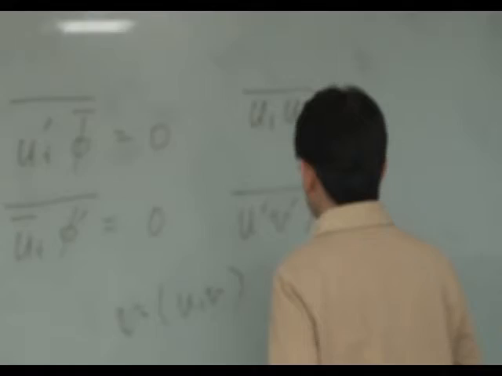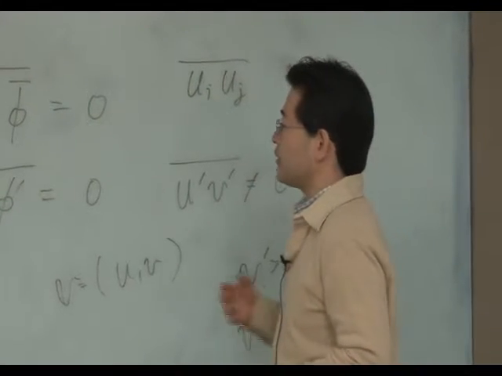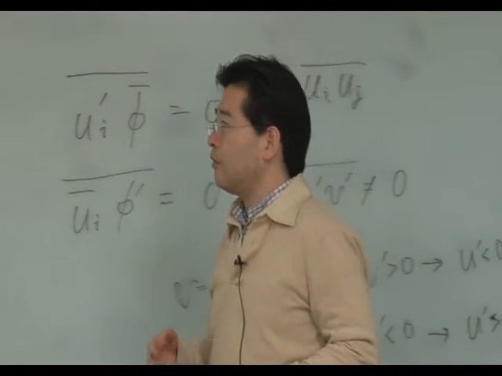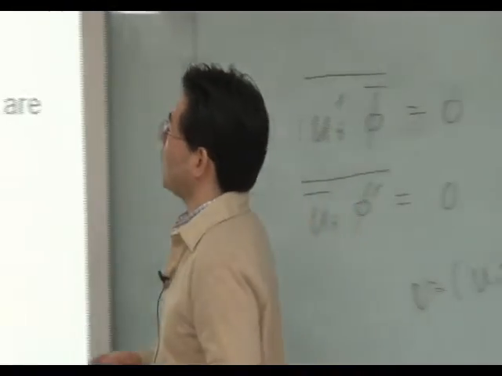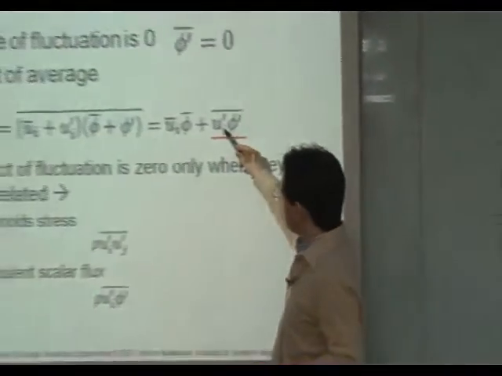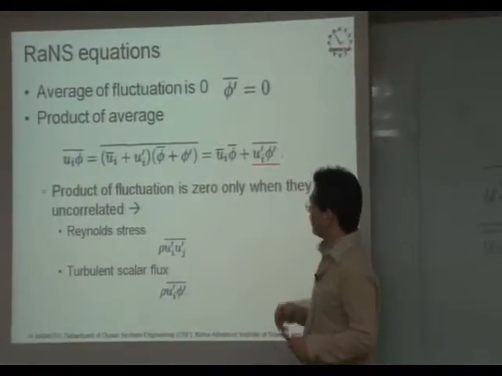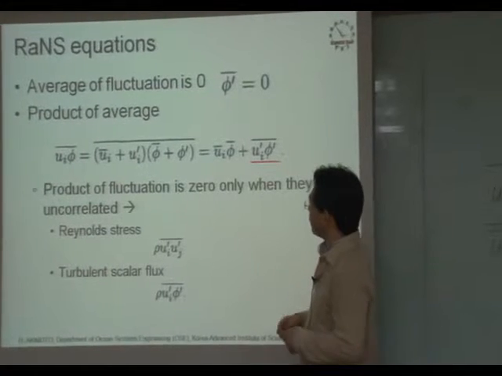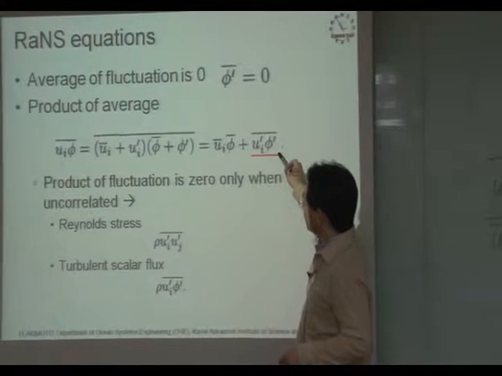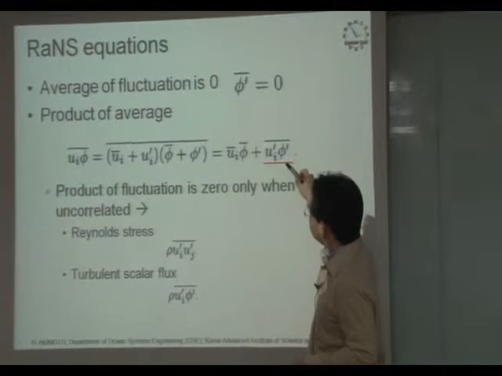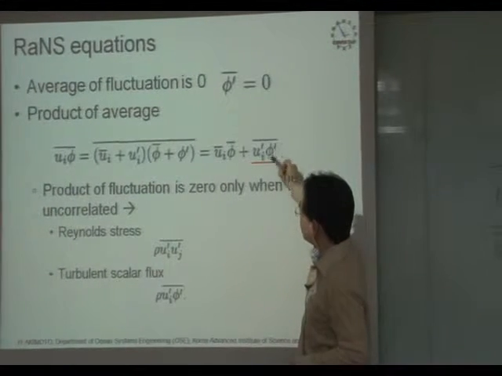So this situation occurs in the turbulent flow. Although each component is fluctuating, the product might not be zero. So in many cases, we have to consider this part.